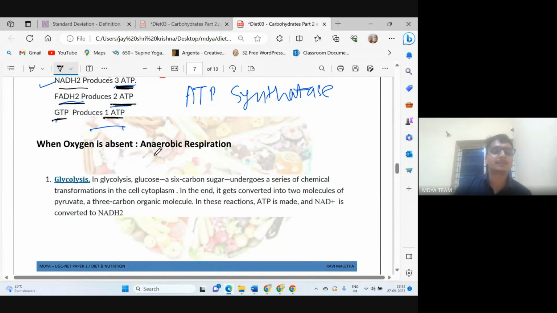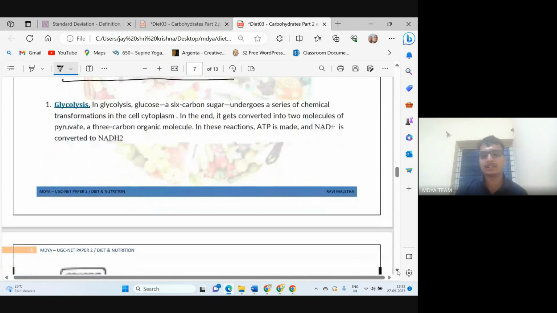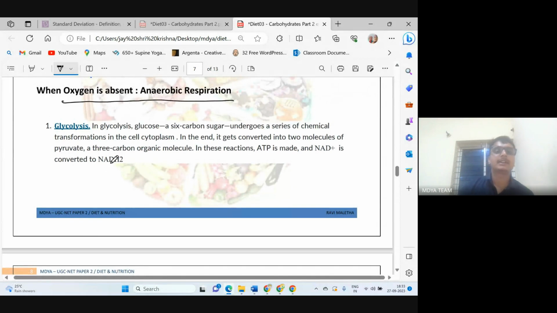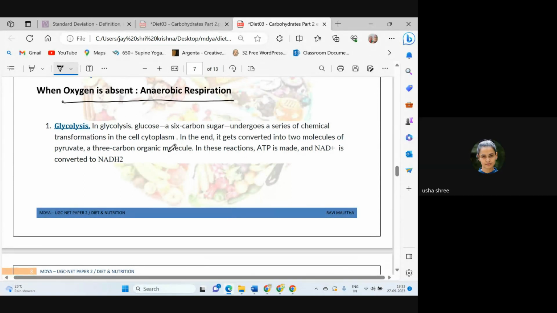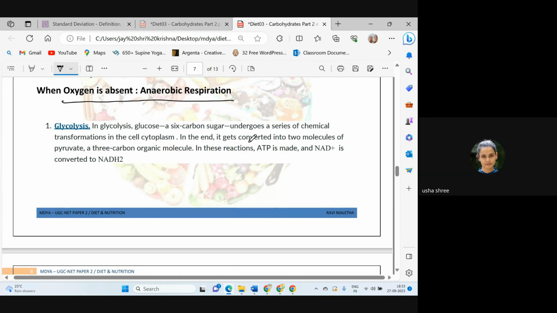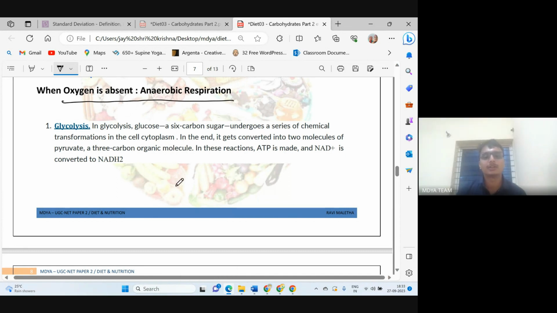When this condition is produced in our body, we have a respiratory system, but still there are conditions in which we are lacking oxygen, like respiratory diseases, or because of excess exertion or physical exercise.